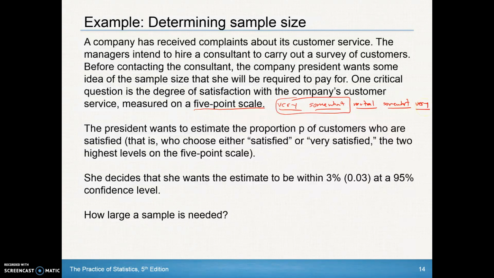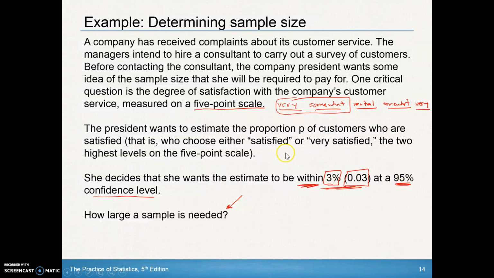So she decides that she wants to estimate to be within 3%. She wants to be within 3%, so again, that's a decimal, that's 0.03, and she wants to be 95% confident. So, with those parameters given to us by the boss, we can now determine an appropriate sample size that we would need to satisfy her conditions to do this survey.